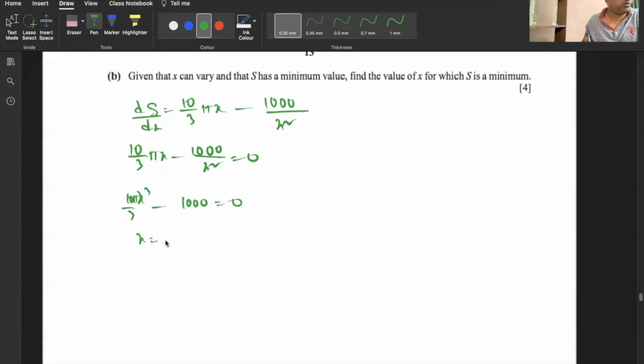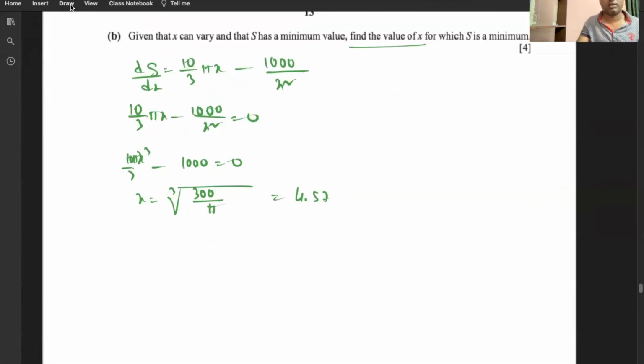So x equals the cube root of 300/π, which is 4.57. This is the result for x.